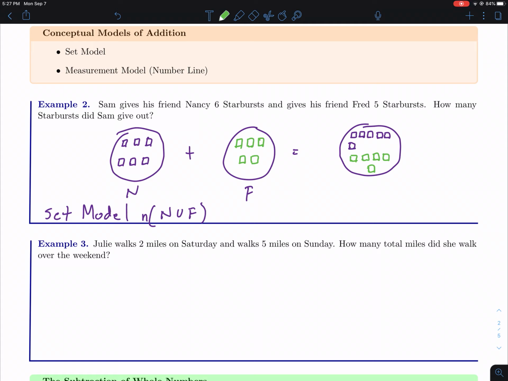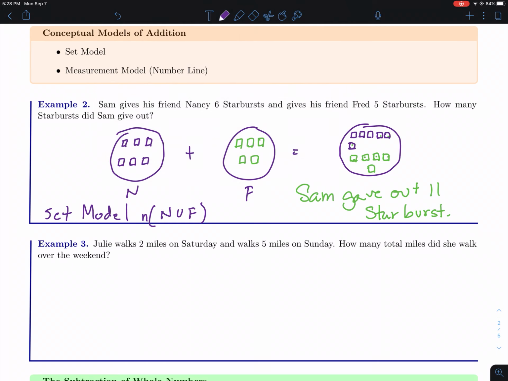So I've got 1, 2, 3, 4, 5, 6, 7, 8, 9, 10, 11. So it looks like Sam gave out 11 starburst to his friends.